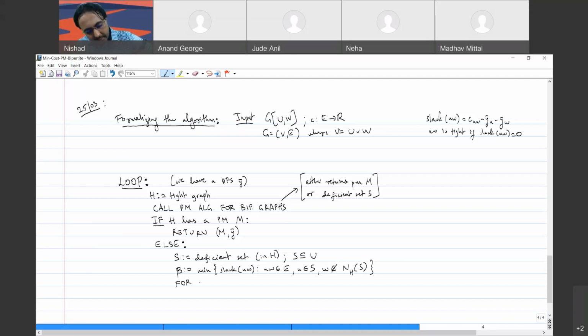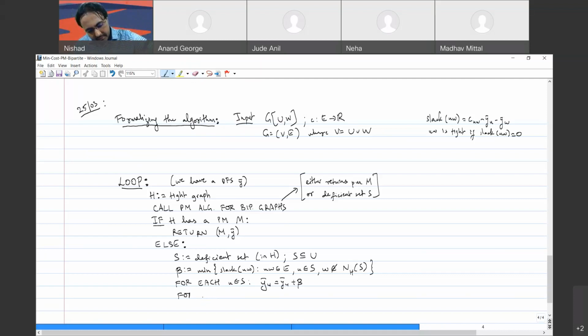For every vertex U in S, so maybe I'll just be more precise. For each U in S, we are updating its dual variable to the original dual variable plus beta. Right? Oh, I think I'm running out of space here. Okay, no problem. Let me just switch it to single line. All right. So y_U bar is y_U bar plus beta.